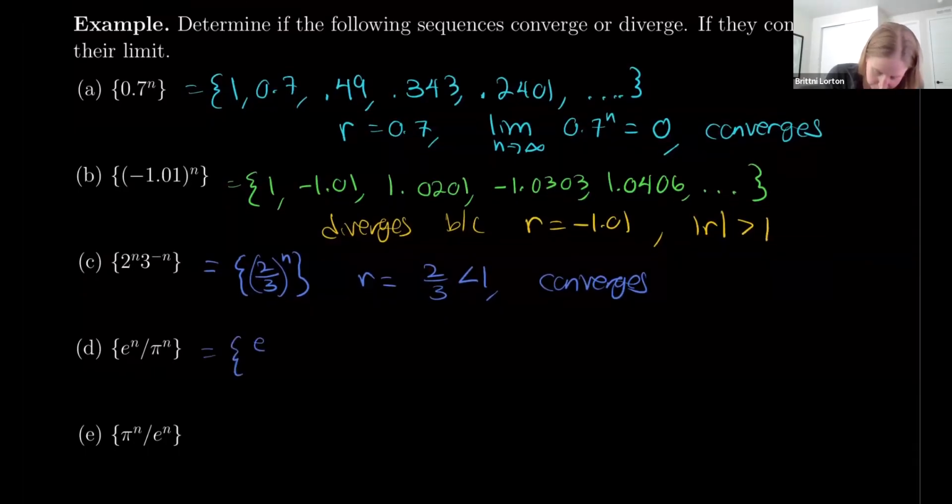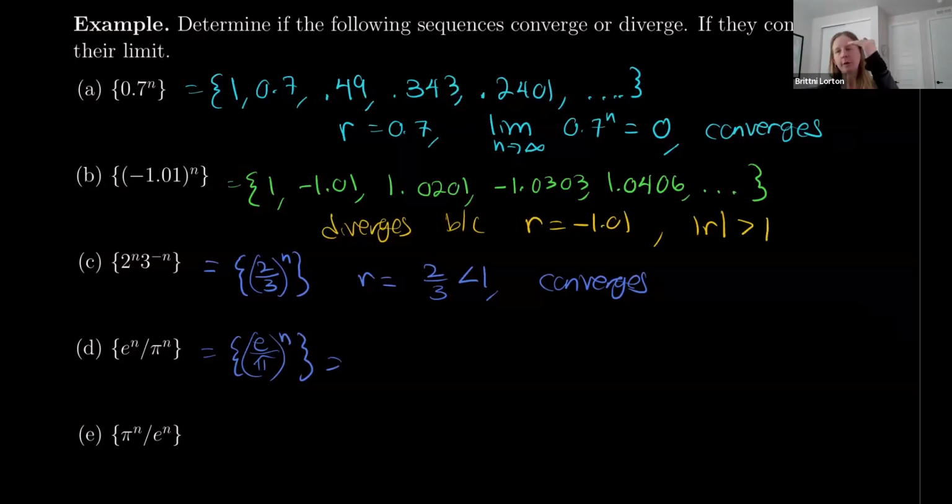Similarly, for this one, it would be e over pi to the power of n. Feel free to use your calculator, but e is 2.7-ish. Pi is 3.1-ish. 2.7 divided by 3.1, e over pi is smaller than 1, so therefore it converges.